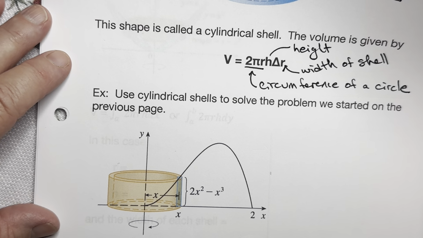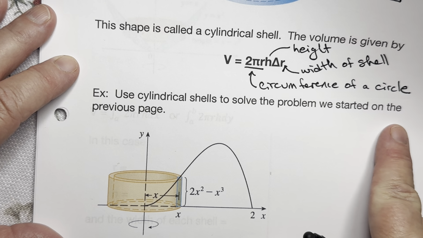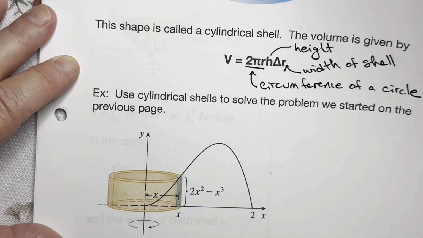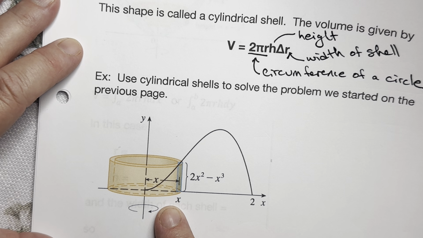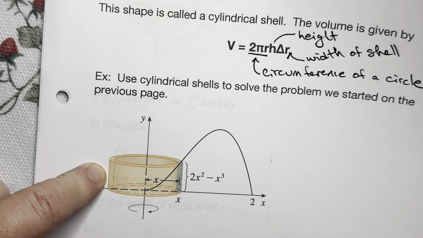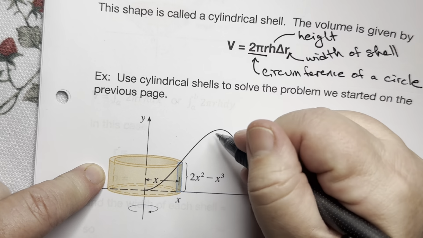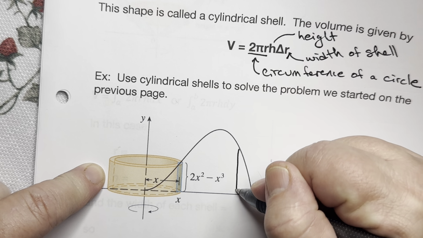It's a little bit different, but this will allow us to solve this problem. So this first example: use cylindrical shells to solve the problem we started on the previous page. This is a lovely photo of what's going on. I guess it's not a photo, it's a drawing. And here's the height right there. Notice that at any point, here's another cross section.